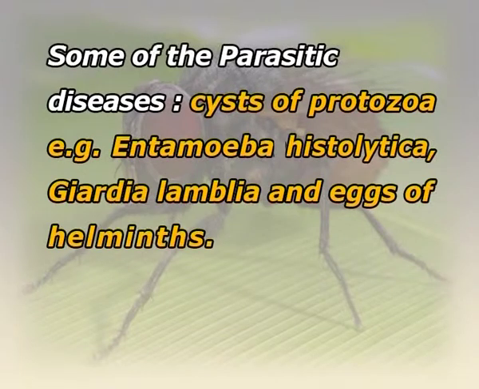As a transmitter of disease, the housefly spreads organisms mechanically on its hair, mouthparts, vomitus and feces. Some of the parasitic diseases which are spread by the housefly include cysts of the protozoa, for example Entamoeba histolytica, Giardia lamblia and the eggs of helminths.